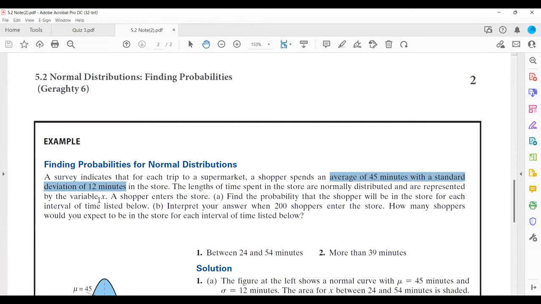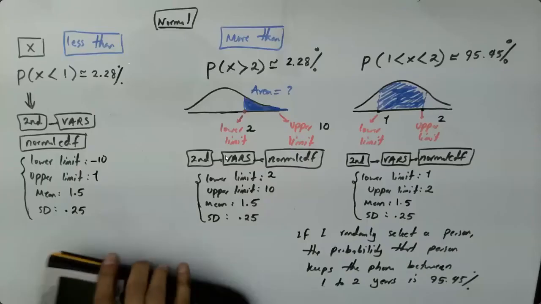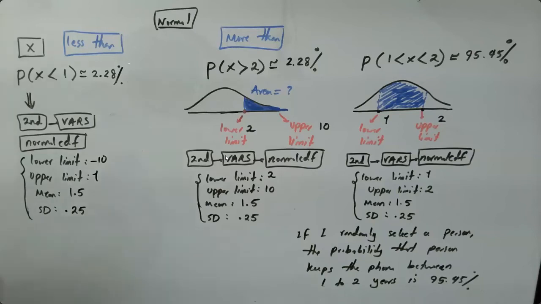So we're going to assume that the data are publicly accessible. Question says, find the probability that a shopper will be in the store between 24 to 54 minutes. What is the probability that they spend more than 39 minutes in the store? Let's take a look at our board. So here we have the following.